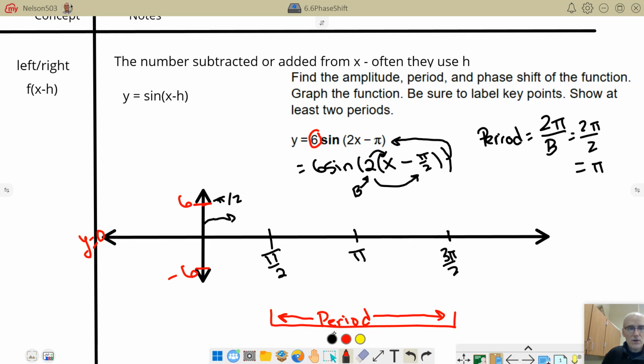Okay, next thing I'm going to do is put a dot right here. So my starting point would have been right over here, but it got moved over there. It got shifted. This is called the phase shift. Phase shift, okay? Sometimes they use a Greek letter for that.